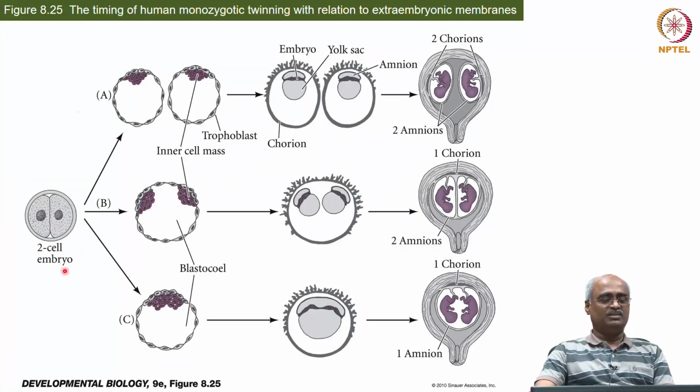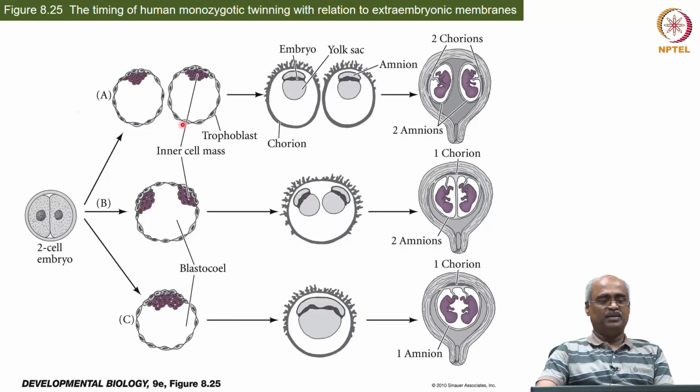So, for example, if you start with a 2-cell embryo, and when they reach the blastocyst stage, inner cell mass cells are at one end of the blastocoele. So this is blastocyst, it is no longer blastula. And suppose it split into 2 groups before this step itself, between the 2-cell stage and the morula stage. Those cells are capable of making both the trophoblast and inner cell mass.